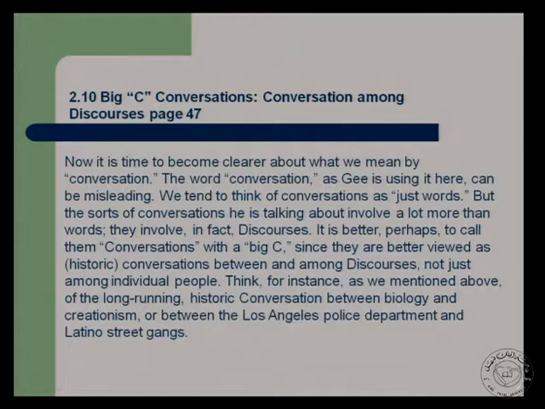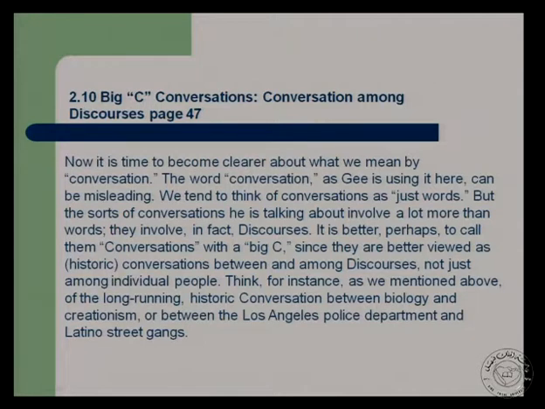Think, for instance, as we mentioned above, of the long-running historic conversation between biology and creationism, or between the Los Angeles Police Department and Latino street gangs. No! The Los Angeles Police Department is a department that started hundreds of years ago.